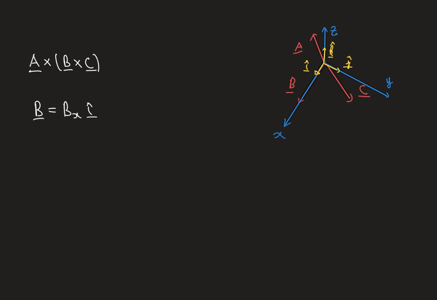So now we can write down the expressions for the other vectors. The vector c will have components in the xy plane, so we'll have one component in the i hat direction and another component in the j hat direction. And similarly for a, it will have components in the i, j, and k hat direction.